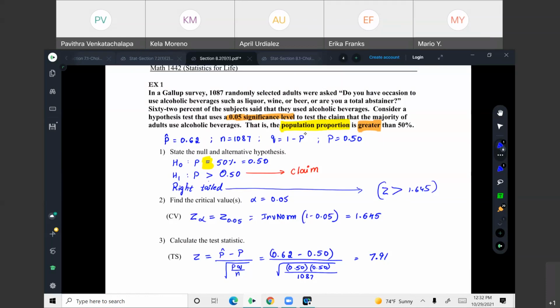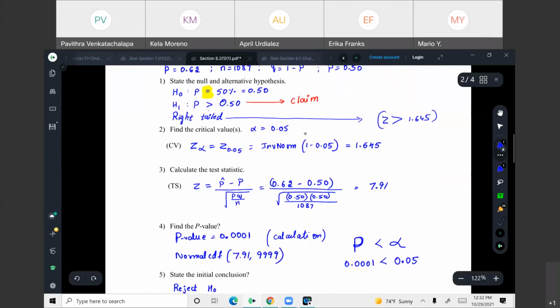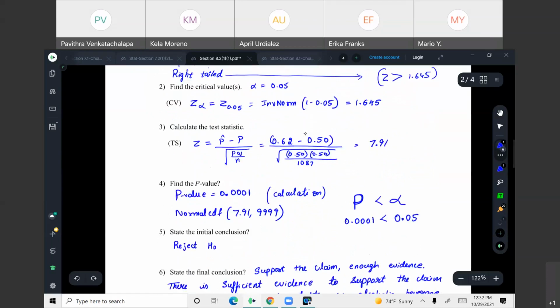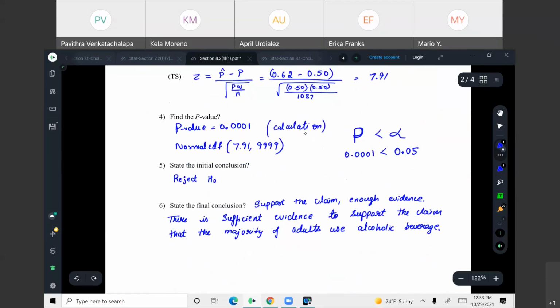You will learn that gradually. After that, you will be stating your initial conclusion and final conclusion. So you will be doing the same thing in your lab, but instead of a calculator, you will be using JMP, and you will have to report it in the same way.